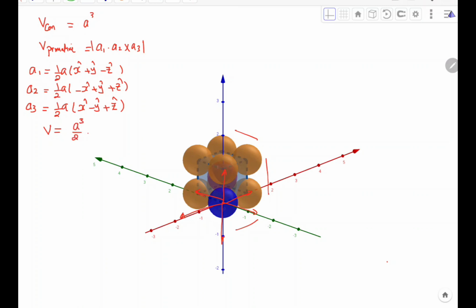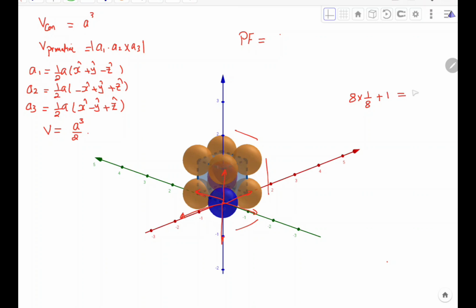over 2. Now the packing fraction for the body-centered cubic, we will follow the same rule as before. It's equal to the number of atoms that build this cell. It's equal to 8 atoms in the corners, each one shared with 1/8, plus 1 complete atom in the middle of the cube.